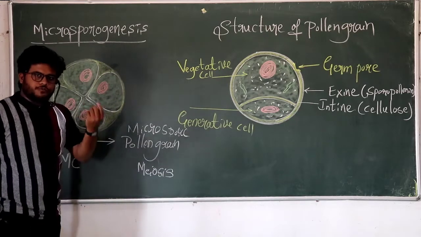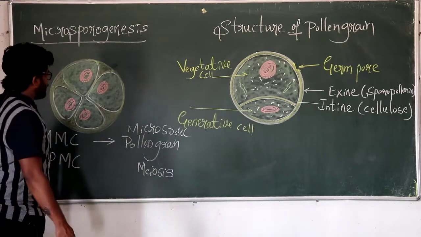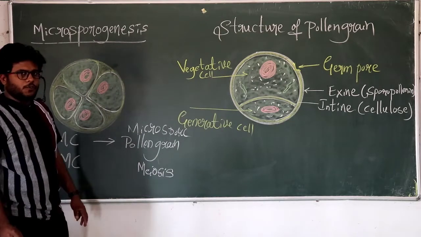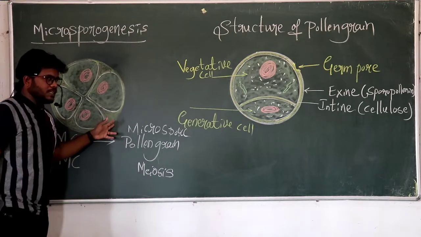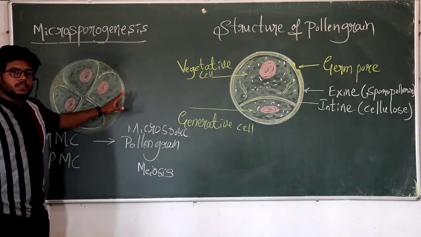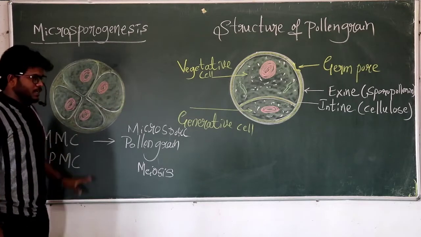As a result of meiotic division, it forms the microspore tetrad. It forms a cluster of 4 cells that is called the microspore tetrad.